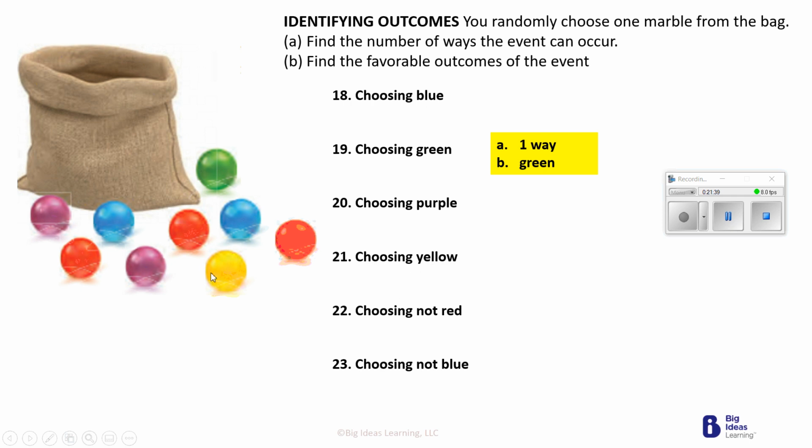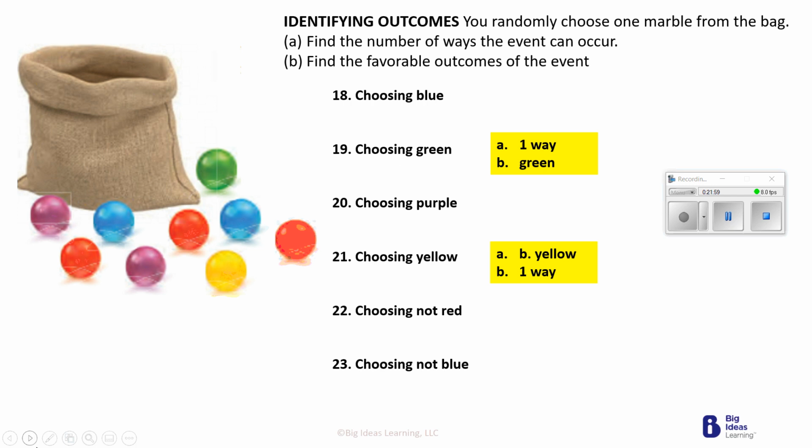All right, let's look at number 21, choosing a yellow one. And again, we have only 1 yellow one, so I think we're going to get the same answer here, right? This time it would be 1 way again, but this time the favorable outcome would be yellow. And as you can see, this kind of went backwards, didn't it? Because B was supposed to be yellow.